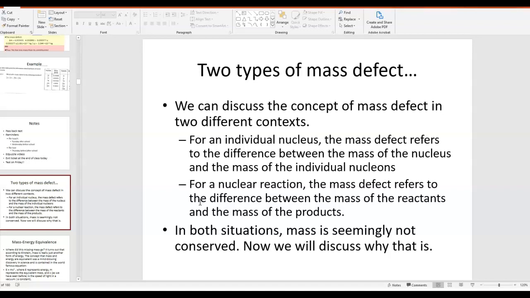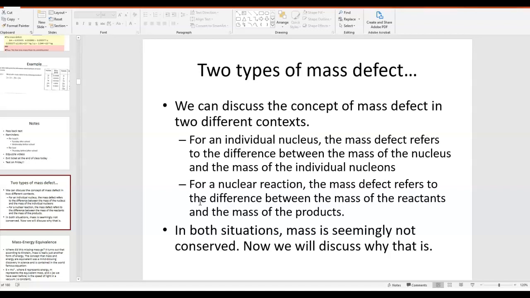And really, mass is not conserved in every situation. It is conserved in situations where you don't have nuclear reactions. So I shouldn't say conservation of mass is a complete lie, but if you look closely enough, like at the situations we're looking at, mass is not conserved.